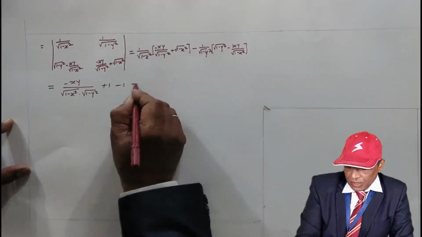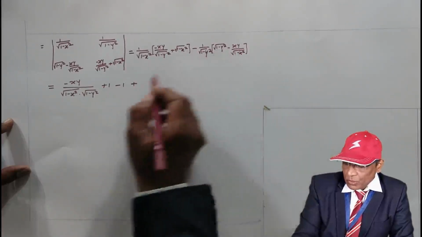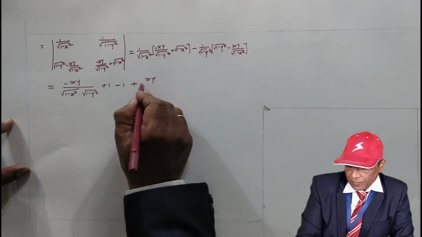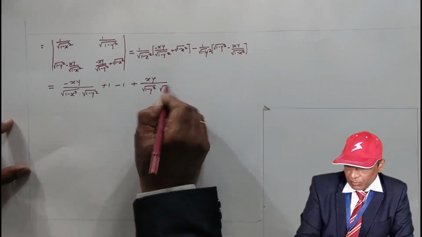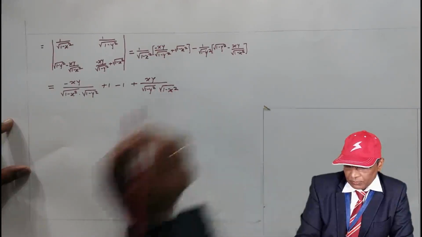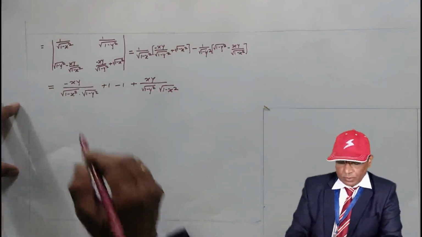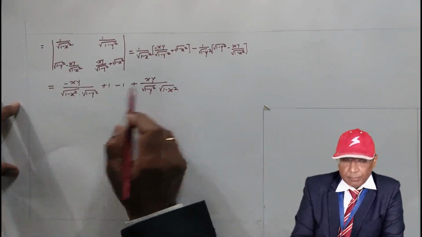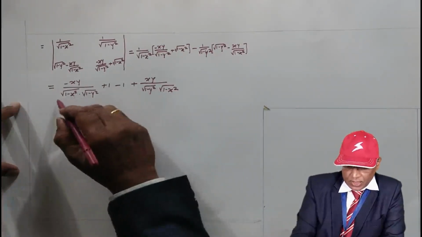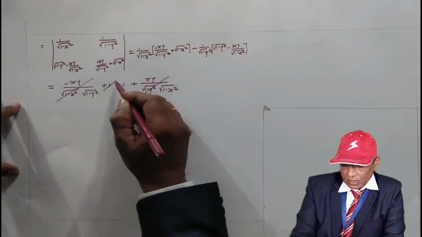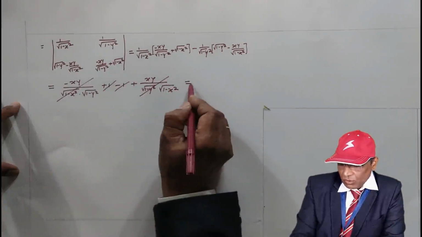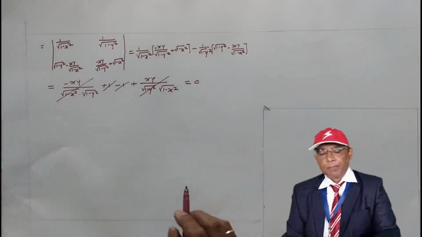Minus minus plus here, the product of these two elements is xy by under root 1 minus y square under root 1 minus x square. Now these two are the same with opposite sign, so this will get cancelled. 1 minus 1 is 0. So in this way I am getting 0.